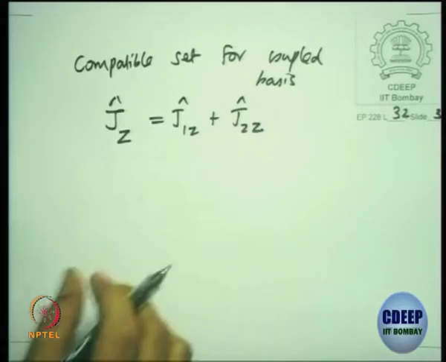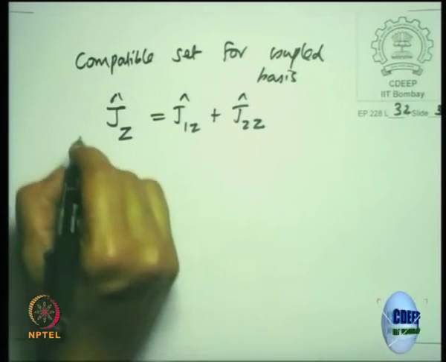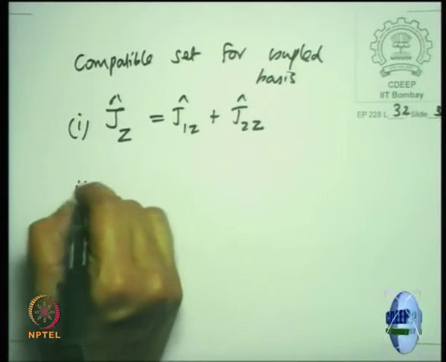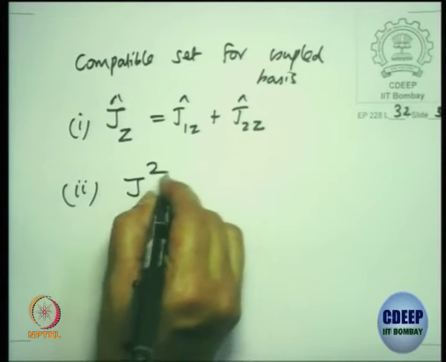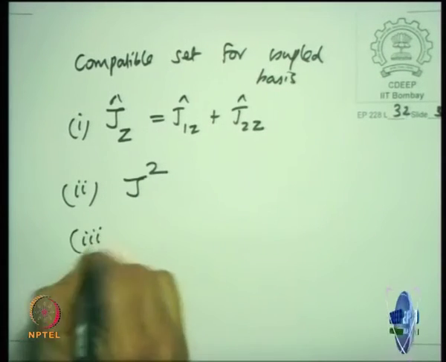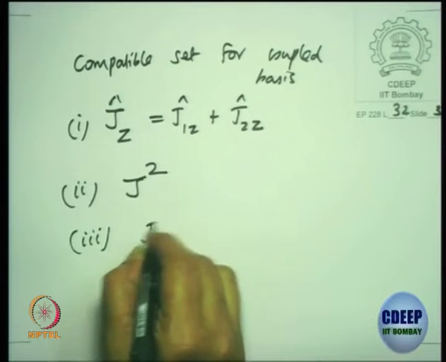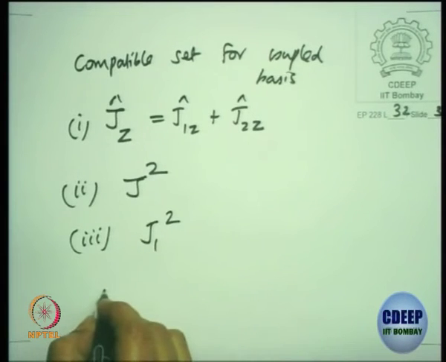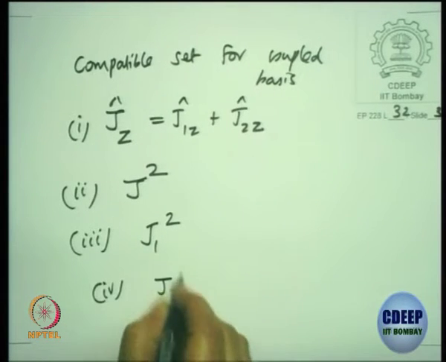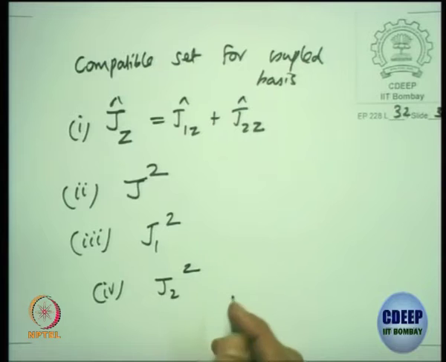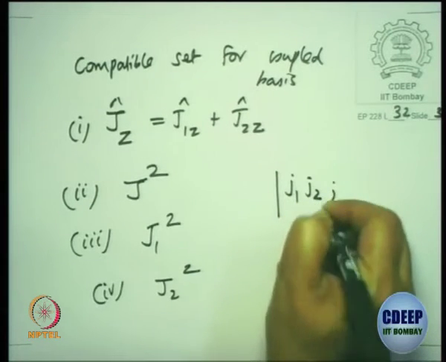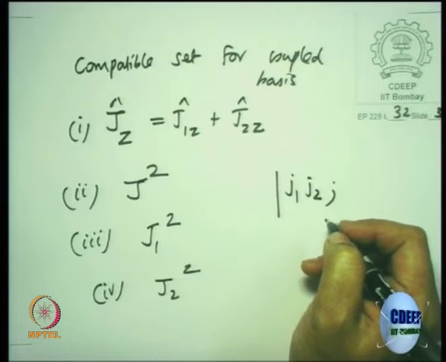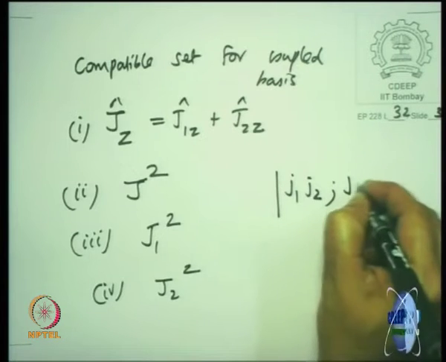This is one operator. What about compatible set? Second one is J squared, total J squared, and J2 squared. So you can write a compatible set here as J1, J2, semicolon, J and M.